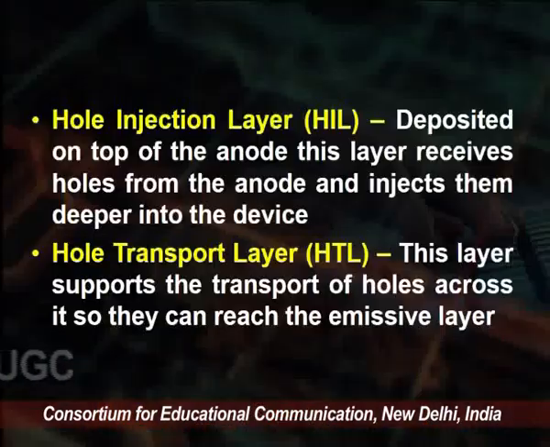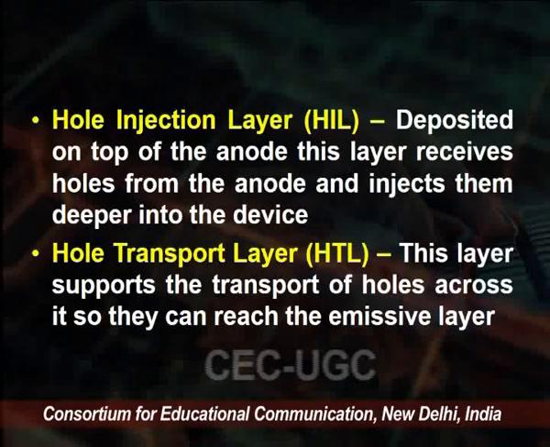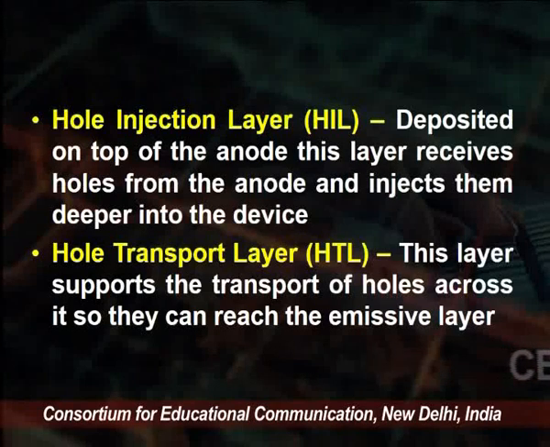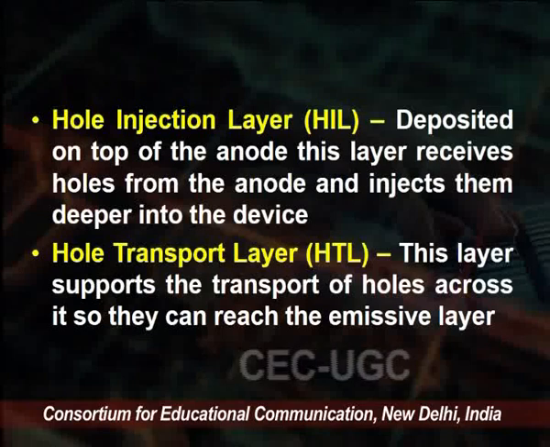The next is the hole injection layer, deposited on top of the anode. This layer receives the holes from the anode and injects them deeper into the device, and they go into the transport layer.